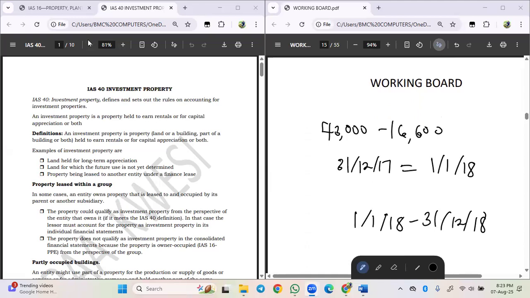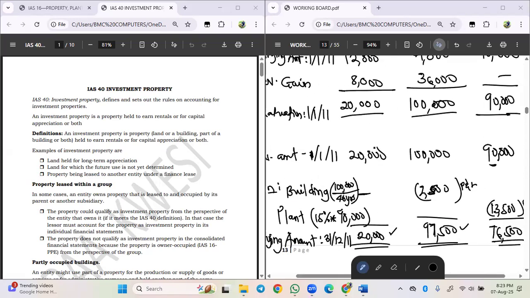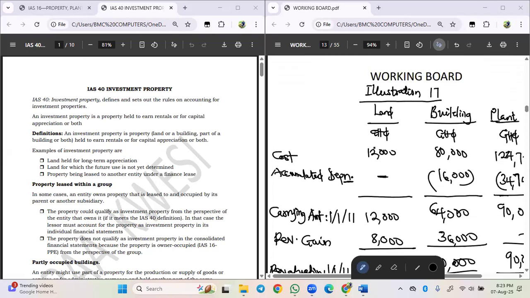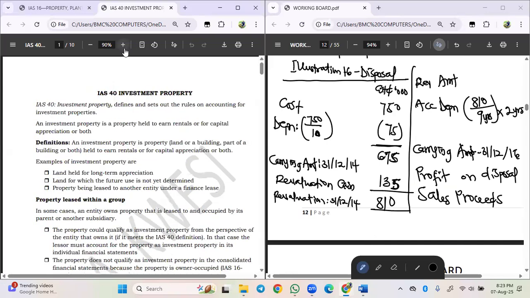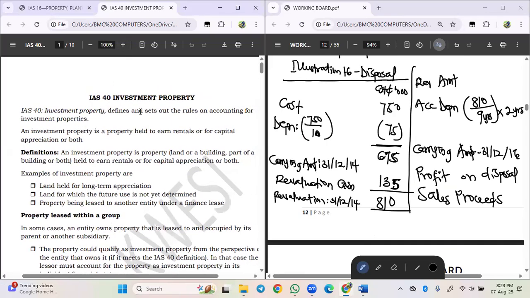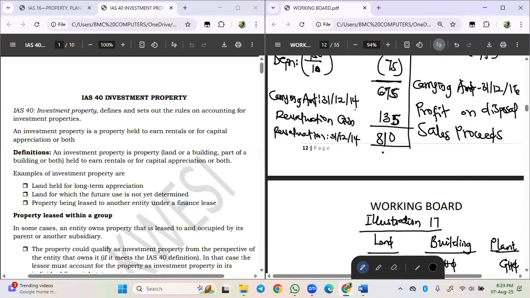Yes, I can hear you. I was quiet, I was not talking. I was just looking for the other document. Let me stop this one and open another working board.